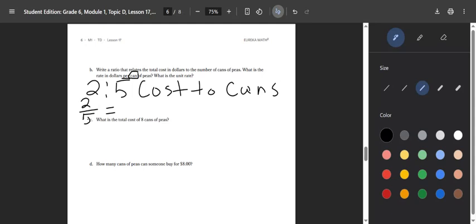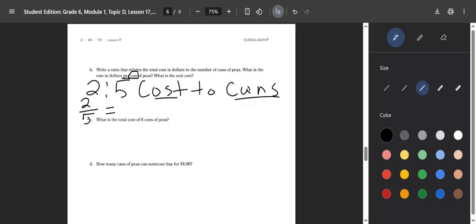All right, so 2 over 5 is a fraction, but we're trying to figure out the cost per can, and this is going to give us the cost per can.